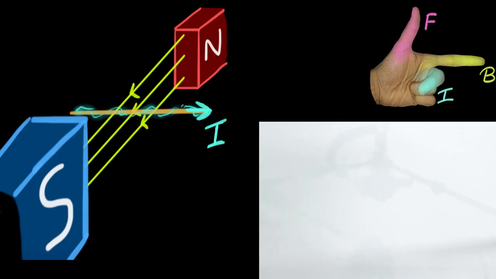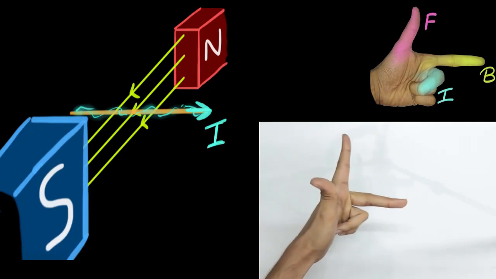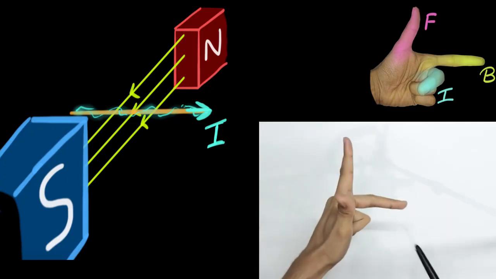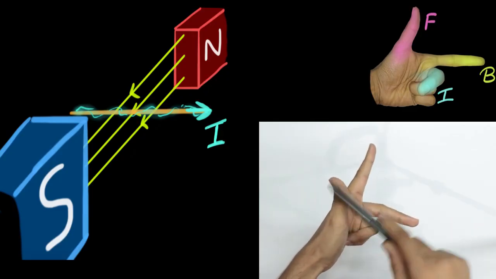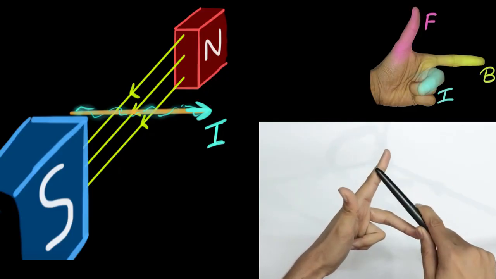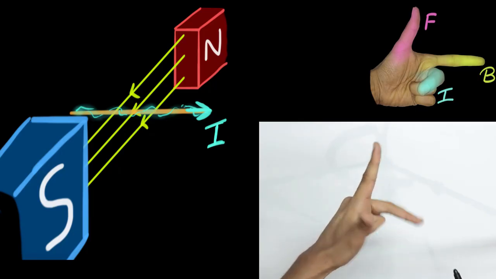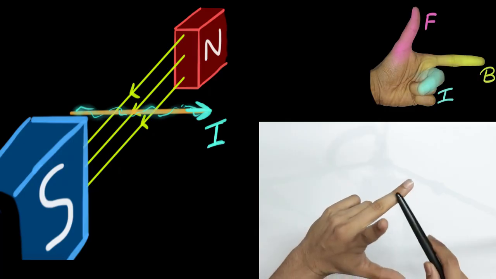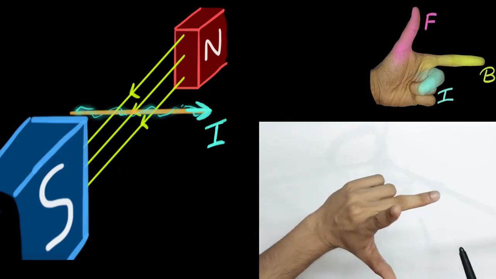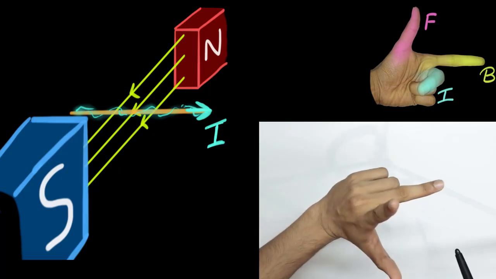All right, let's do this. Bring in our left hand. Stretch it this way. FBI. So, F is the force, B is the magnetic field. Magnetic field is coming out of the screen, like this. The current is to the right, this way.